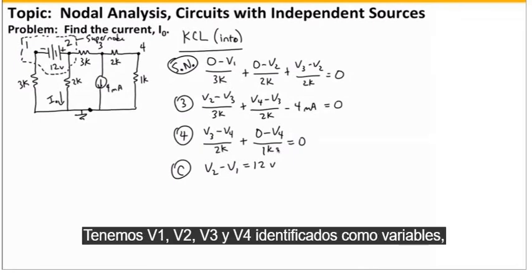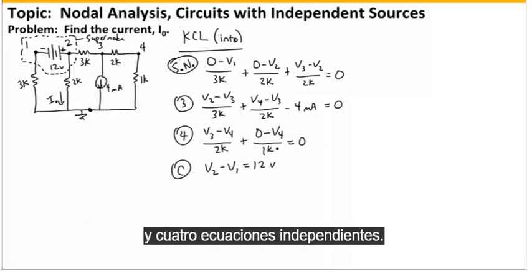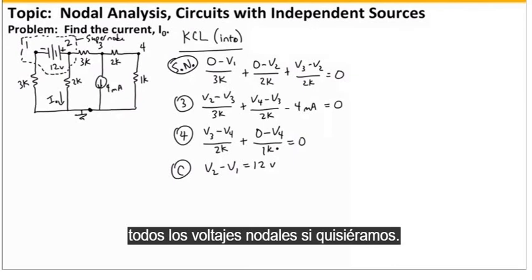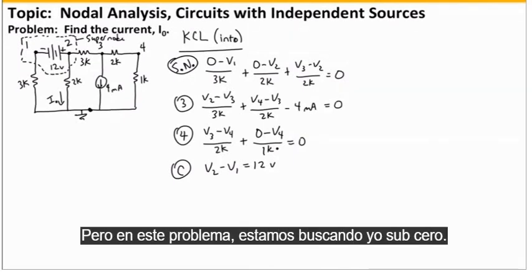So now we have V1, V2, V3, and V4 identified as variables in 4 independent equations. We have a set of 4 equations, 4 unknowns, and we could solve for all the nodal voltages if we wanted to. But in this problem, we're looking for I sub 0.